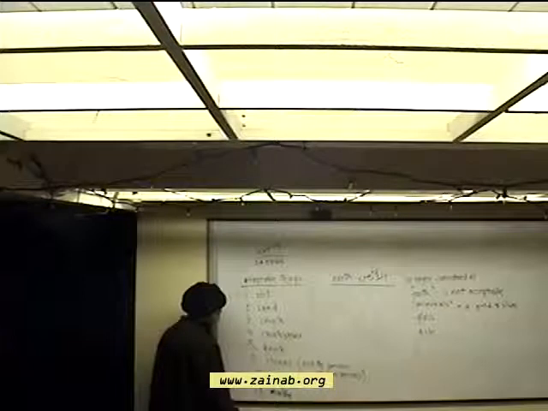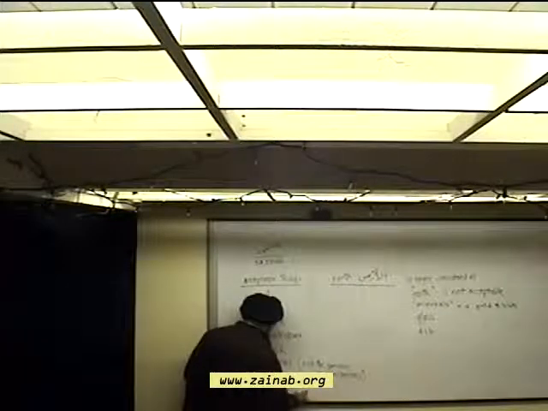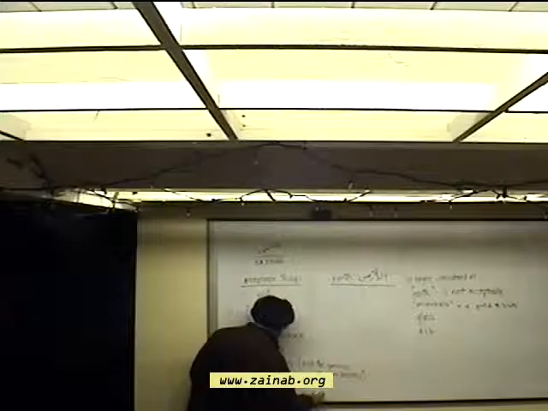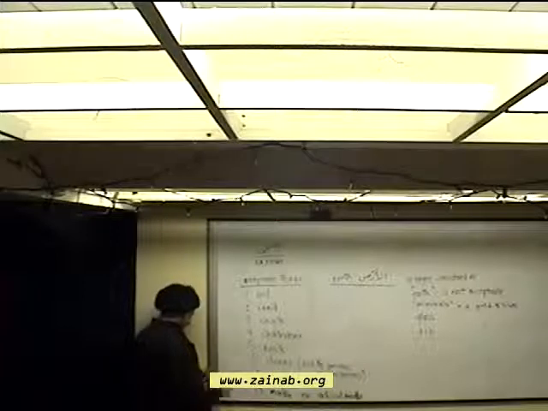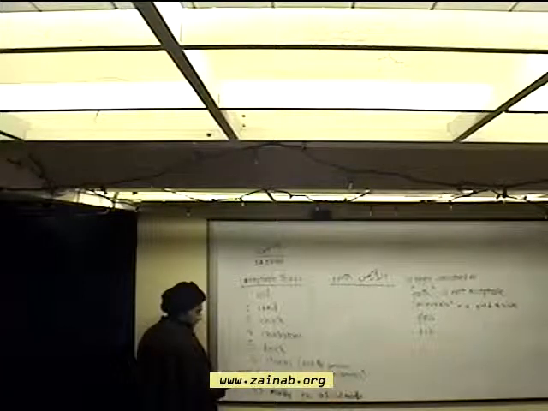So all kinds of marbles are okay, except artificially made marble. Artificial marble obviously is not a marble, so you cannot do sajda on artificial marble. But as long as it's a genuine marble, it's a stone, so you can do sajda on it.